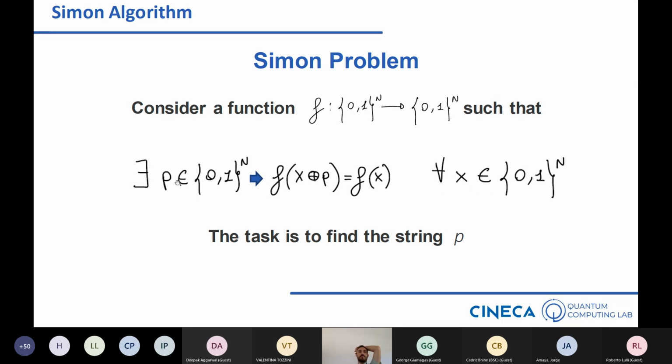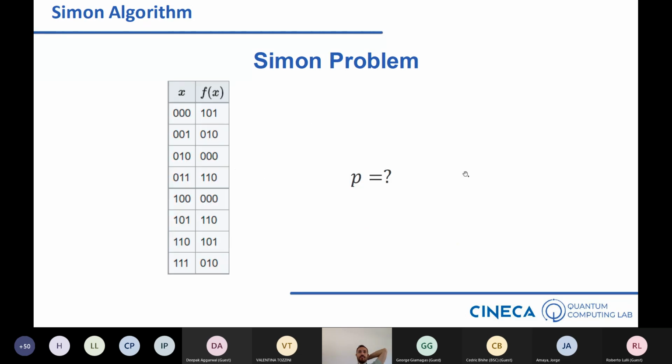So there is this p that works on every x. I see some people are giving an answer. So the answer is 110.